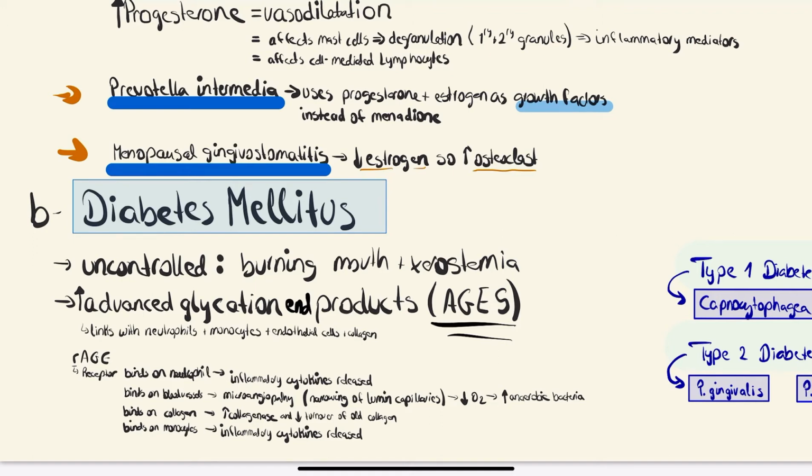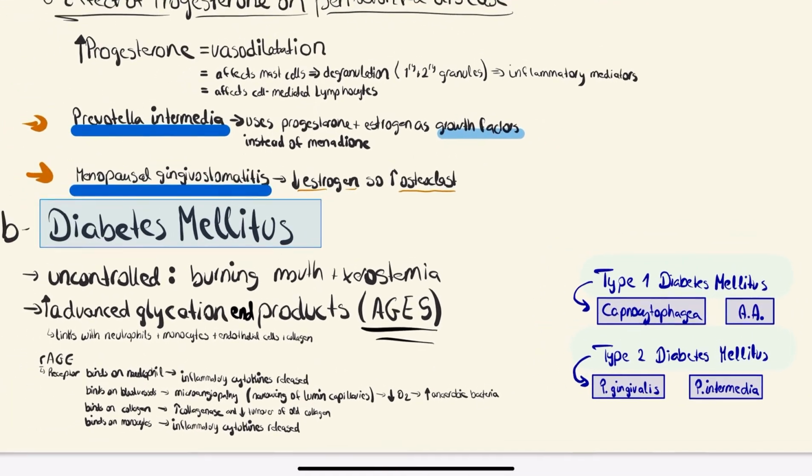When RAGE binds, it leads to inflammatory cytokine release. Binding on blood vessels leads to microangiopathy, which narrows the capillary lumen, decreases oxygen, and thereby increases anaerobic bacteria. Binding on collagen increases collagenase and decreases the turnover of old collagen. Binding on monocytes leads to the release of inflammatory cytokines.